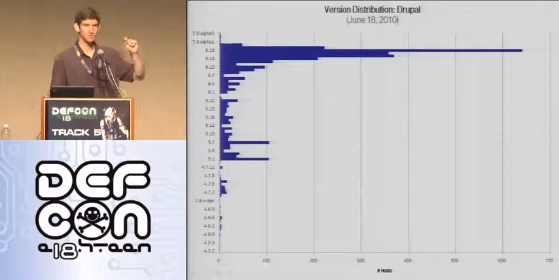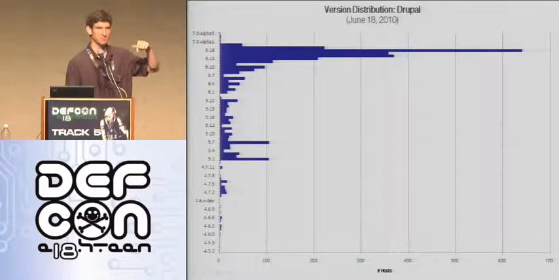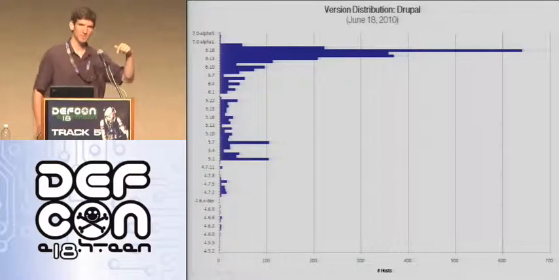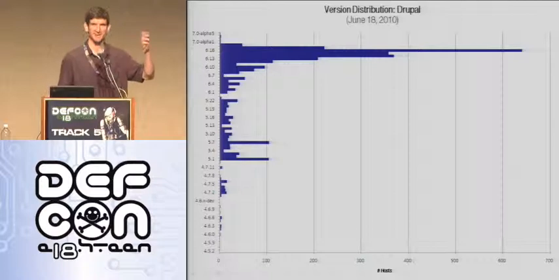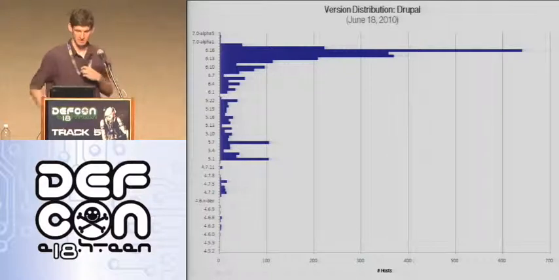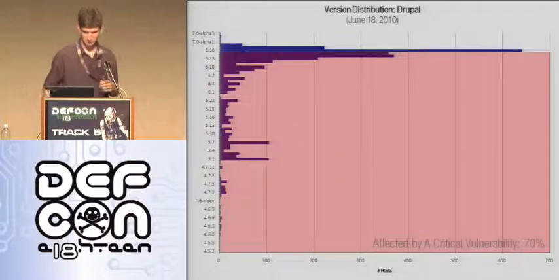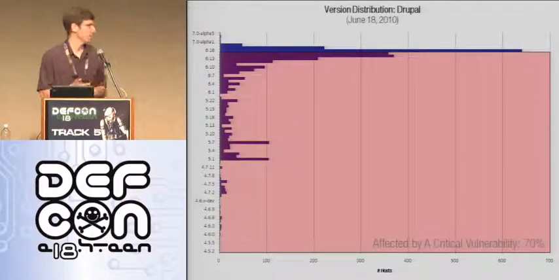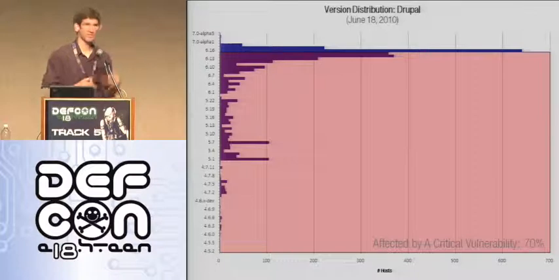Hands up if you think 50% of these installs are affected. Less than 50%? Anybody think less than 50% of people are affected? More than 50%? Okay, we have some realists. More than 75%? About 70%.